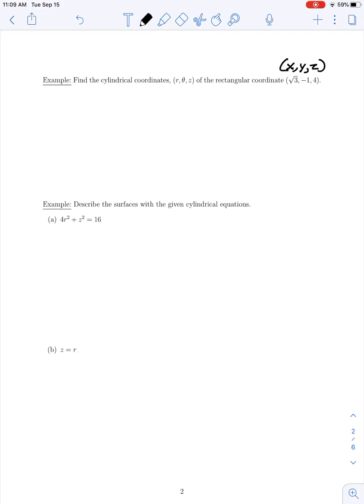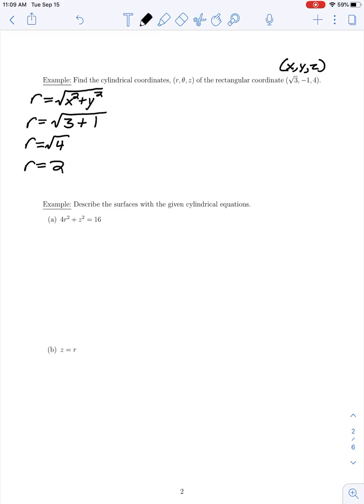So using our conversion formulas here to find r, well, r is given by the square root of x squared plus y squared. So here we have the square root of, well, x was the square root of 3, so squaring it gives us 3, plus y was negative 1. When we square it, we have 1. So r is then root 4, or 2.